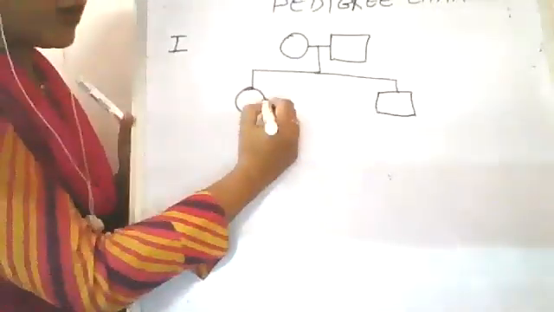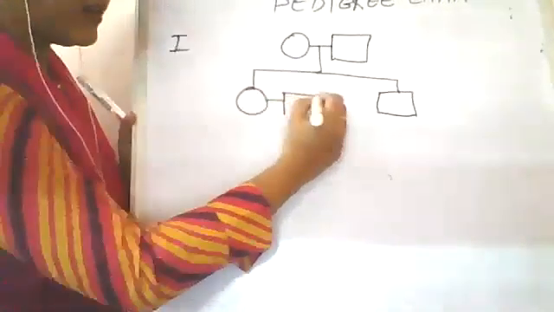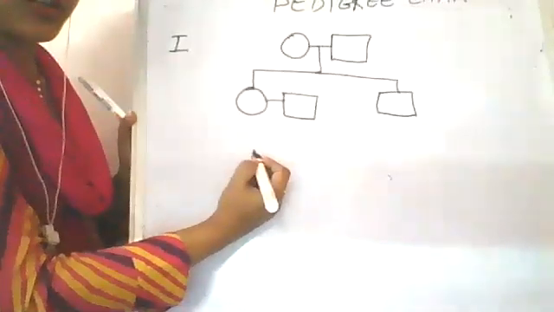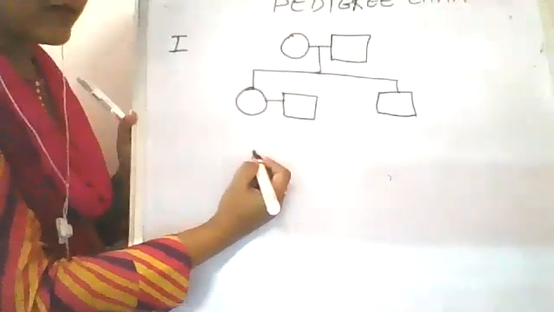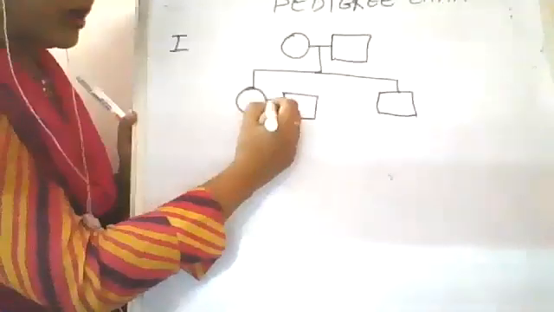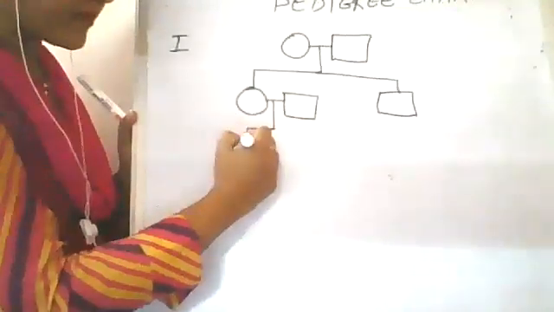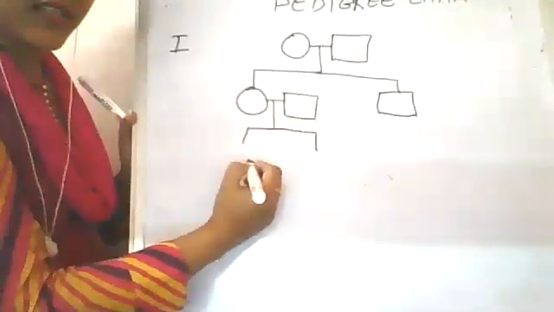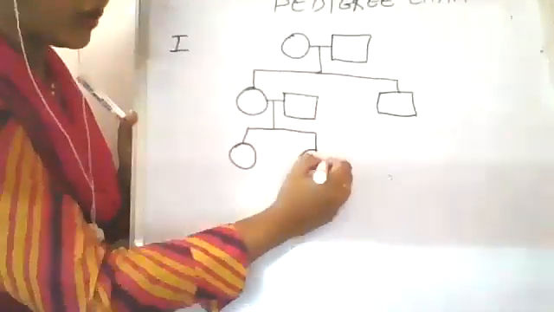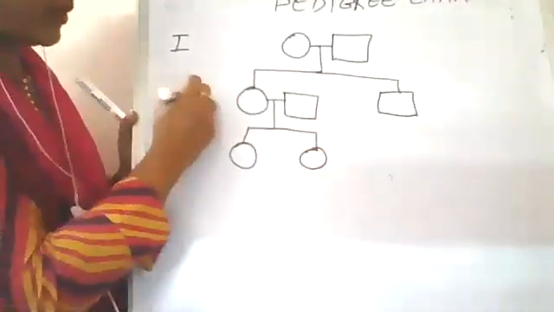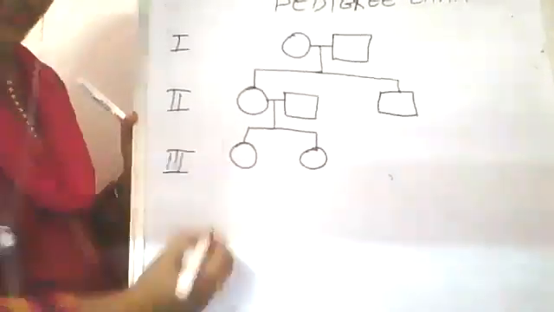Okay, so that means your aunt is married. Yes, she's married. How many children does she have? 2 females. Okay, not twins. No, not twins. So this is the second generation, and then we have come to the third generation.